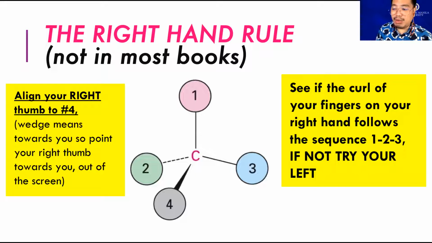Okay? So what I want everyone to do, or what you will do now, is that you will align your right thumb in the same direction as the 4th priority. In this particular example, priority number 4 is in a wedged position. What does that mean?